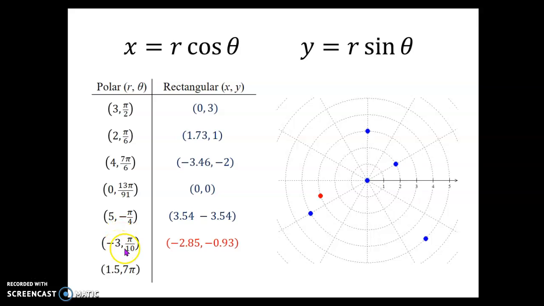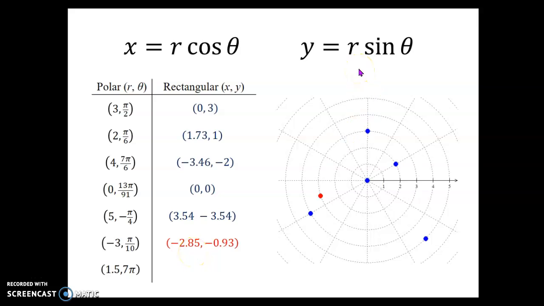The point negative 3, pi over 10. Now this is the first time we've talked about what happens when r is negative. That is allowed, and what that means is if you face in the direction pi over 10, which is approximately this way, you're facing this way, but you take 3 steps backward, you end up here. So if we work it out by taking negative 3 times the cosine of pi over 10, that's approximately negative 2.85.